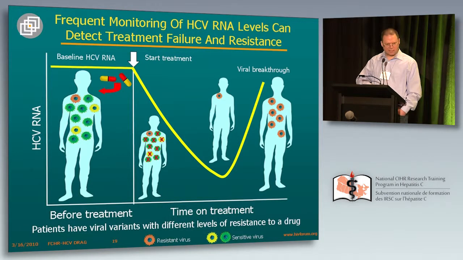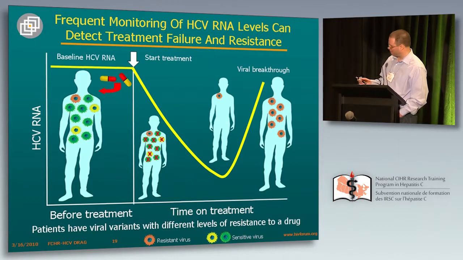As you can see on this slide, what happens in a clinical setting is that an individual is infected with the hepatitis C virus. Usually there are millions and billions of different viral variants that sometimes differ just by a single amino acid.